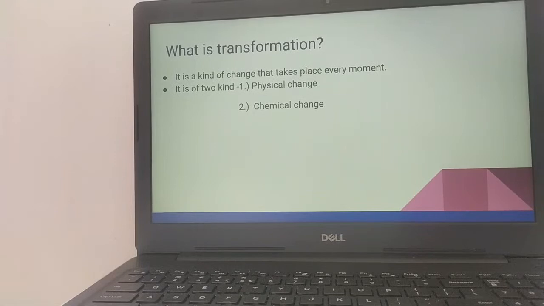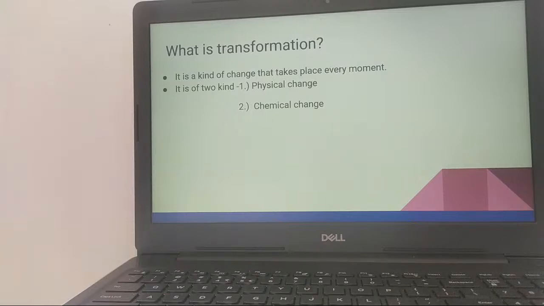So in this change, we see that a new substance is formed. What is that new substance? The new substance is carbon dioxide and water vapor. So we consider it a chemical change.